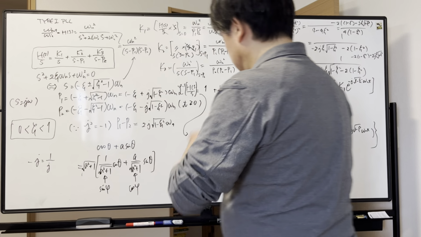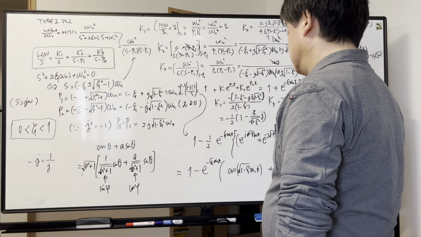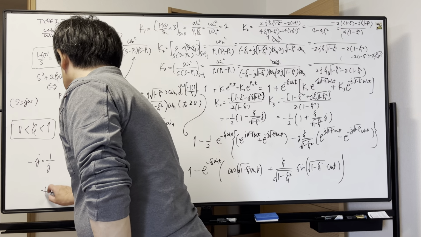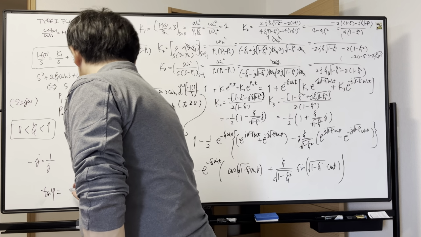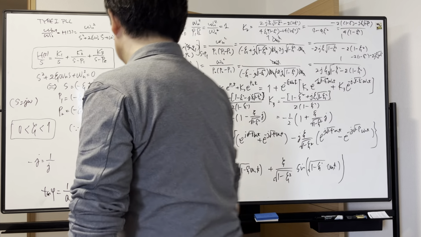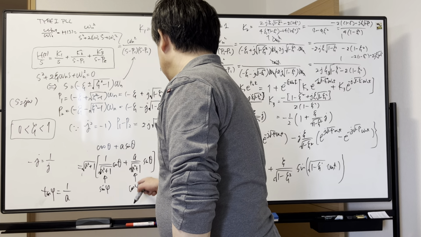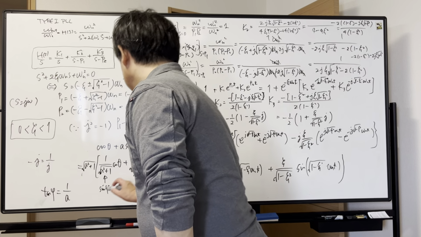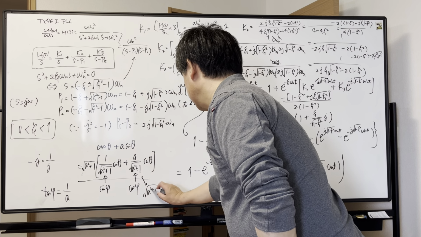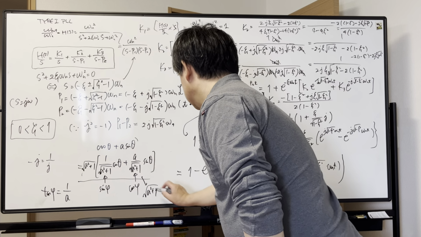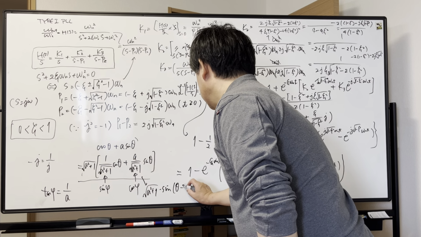Okay, sine phi, cosine phi. The tangent of phi equals this divided by this, which is 1 over a. And sine, cosine, cosine, sine makes this just going to be square root of a square plus 1, times sine of theta plus phi.